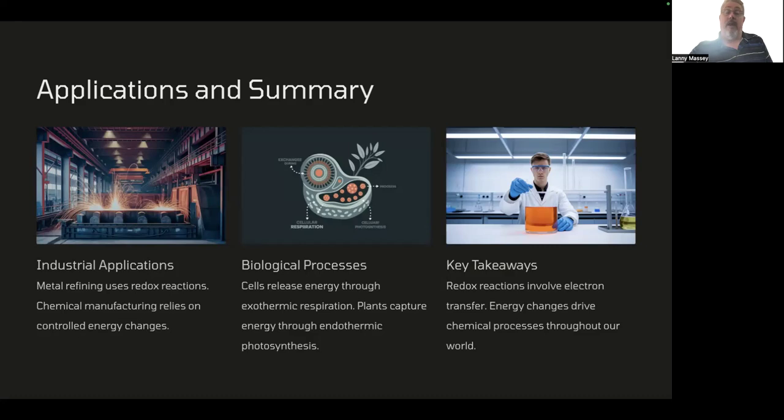It also happens in biological processes, photosynthesis, respiration. In both cases, we're either gaining energy or losing energy while we're changing substances, because that is what chemical reactions are. We have the same number of atoms we had before as we do after. It's just how they are arranged or what they're attached to. Does that make sense?